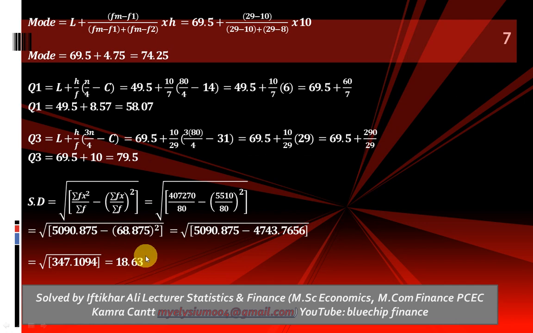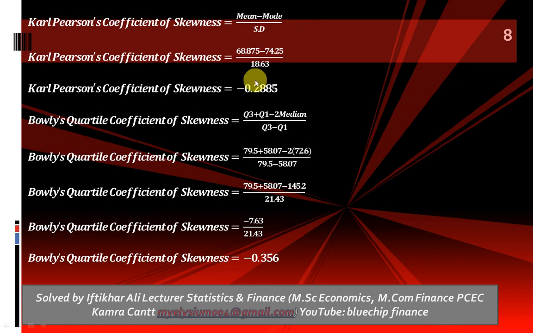So after the calculation of all these 5 different sample statistics, just put the values into the formulas of Karl Pearson coefficient of skewness, and Karl Pearson coefficient of skewness is indicating the negative skewness, and Bowley's coefficient of skewness is also indicating the negative skewness.